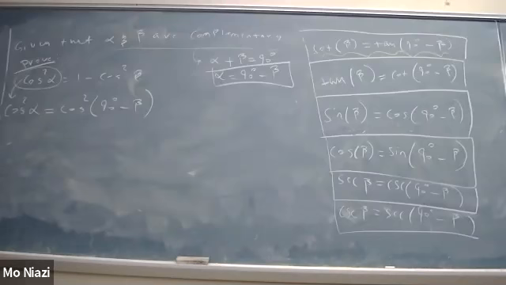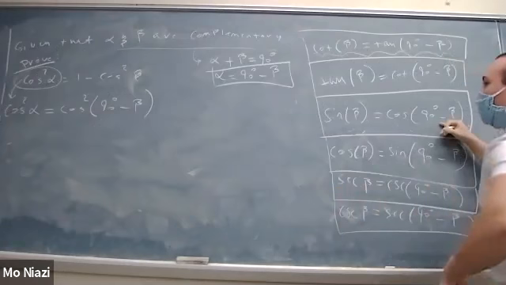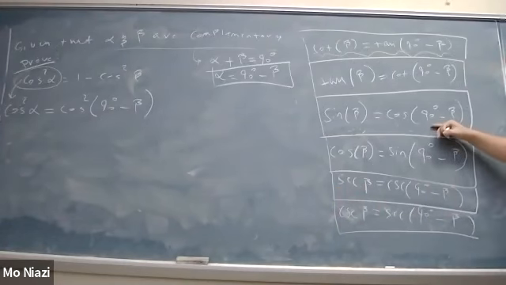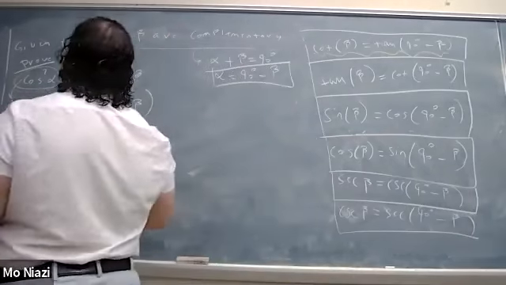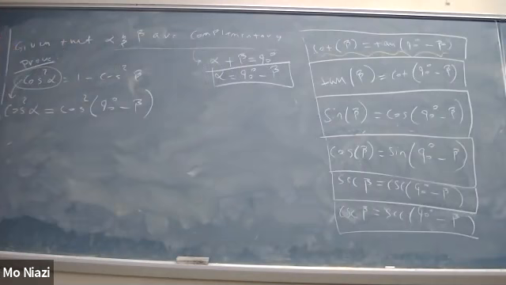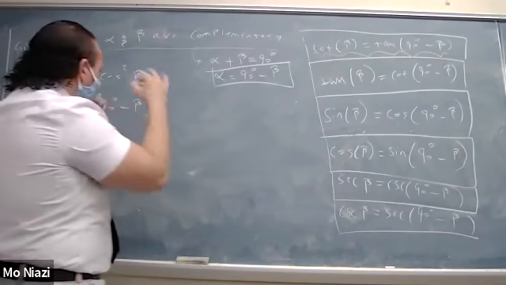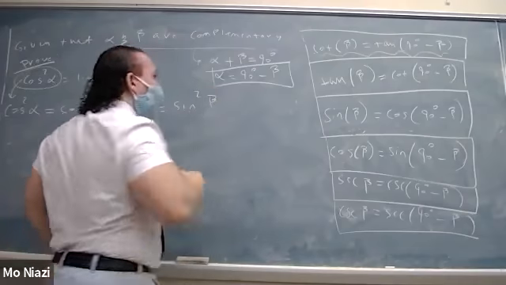But let's come over here and look at what cosine of 90 degrees minus beta is. What is it? There we go. So when you square it, it equals sine squared beta.